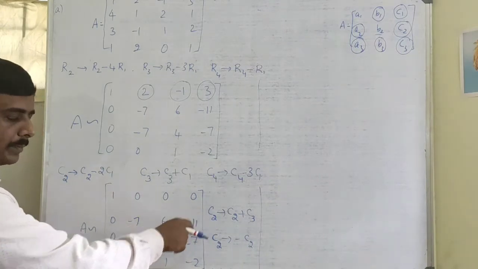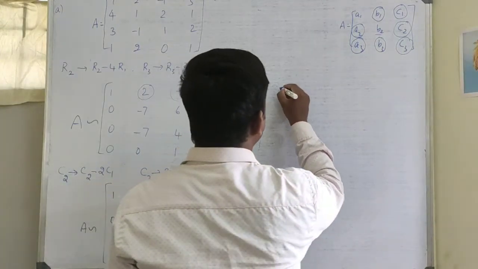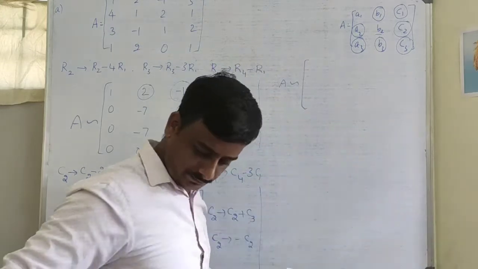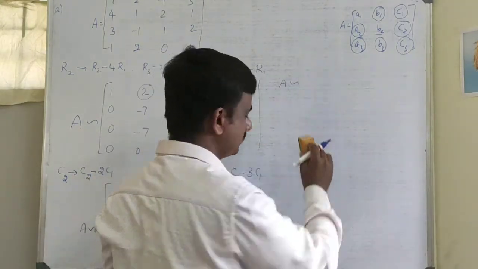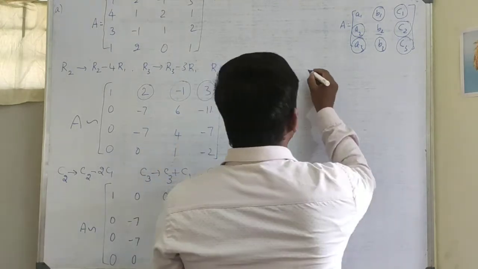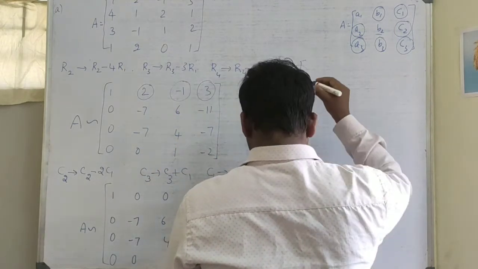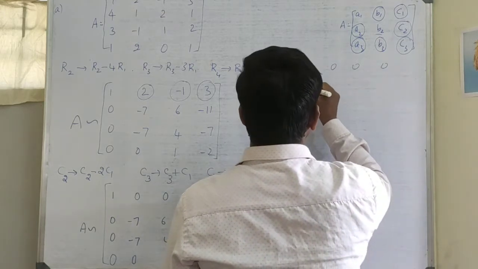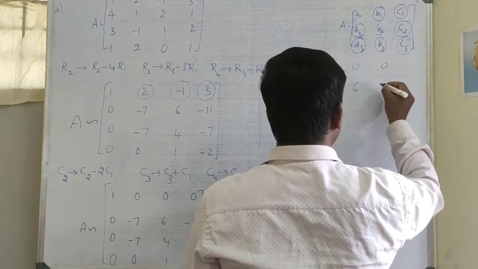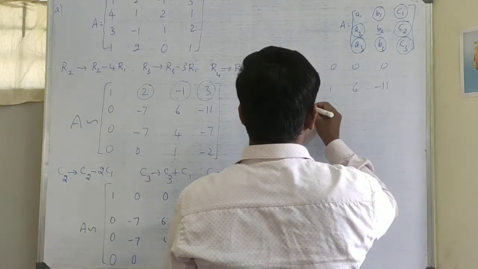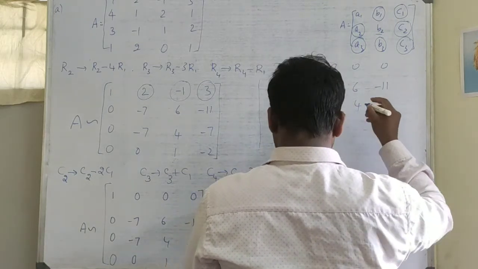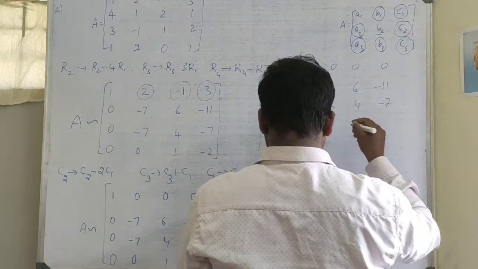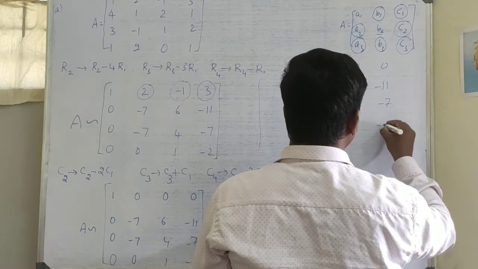So with these two operations, A will be equivalent to the matrix 1 0 0 0, 0 1 6 minus 11, 0 3 4 minus 7, 0 minus 1 1 minus 2.